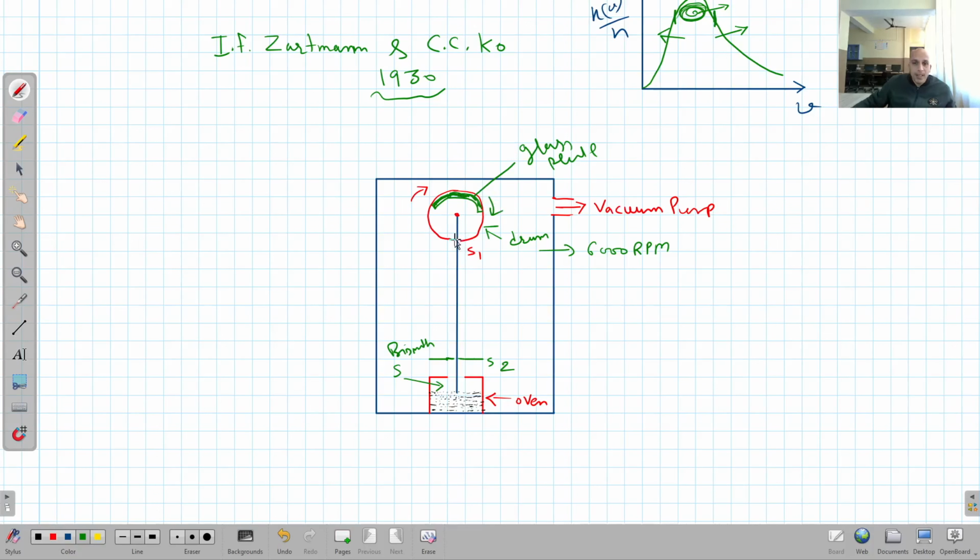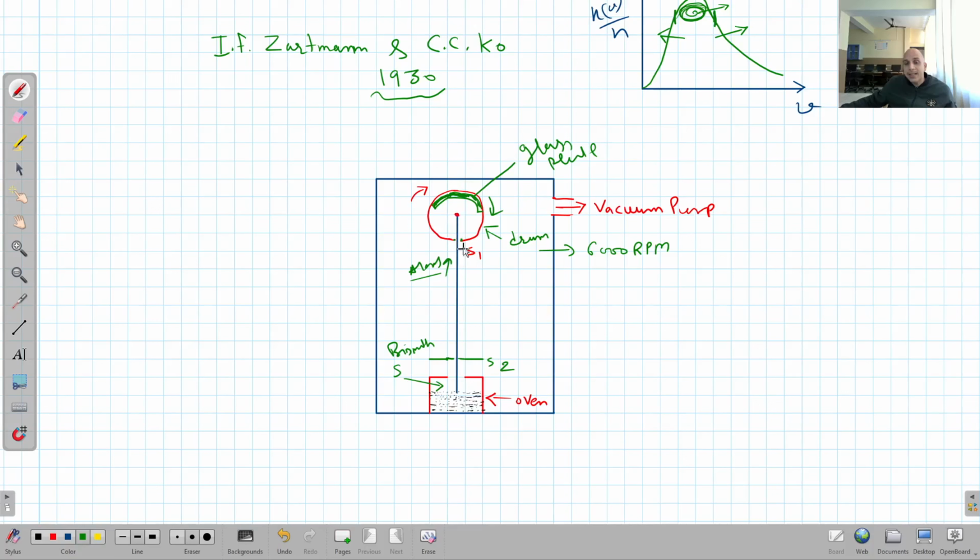It means this slit will come in front of this incoming beam of atoms or molecules only for a very small, fractional time. During that time, these atoms can enter inside this hollow drum. For the rest of the time, there is no way to enter inside the drum.